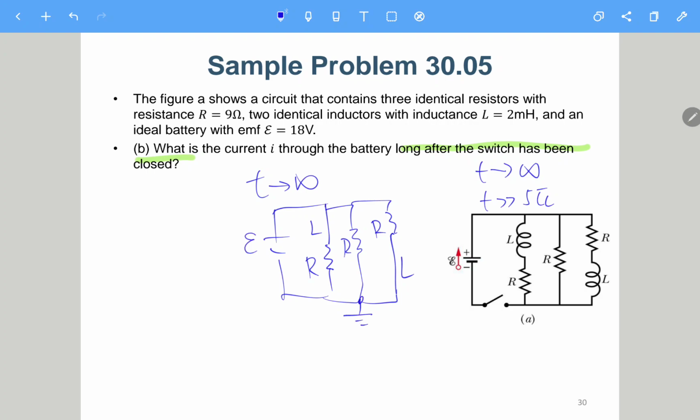Okay, this is E, and this is I. When t is very large, the inductor is just like a wire. So we have 3 resistors in parallel, which means that the R equivalent should be R over 3, which is 9 over 3, which is 3 ohm. So I should be 18 over 3, which is 6 A.